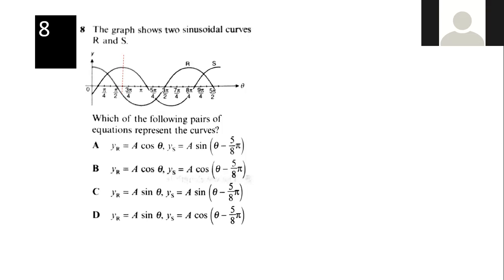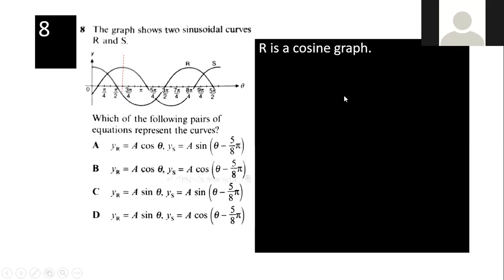What's the equation for R? This question I don't know, sir. It's a cos graph. Yeah, cos graph. So it's either these two answers. R is a cosine graph. So if you want to write the equation, then you look at the same point here, this is 0, and then estimate that each of them is 1/8.